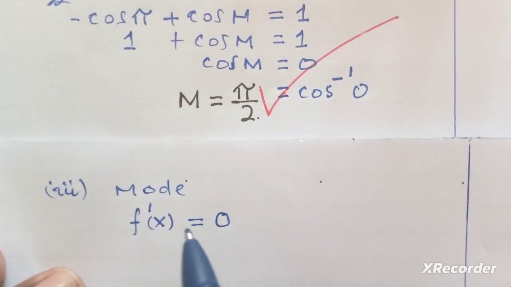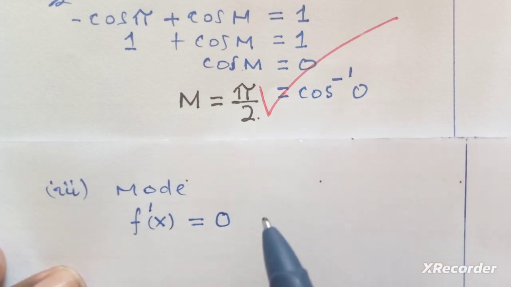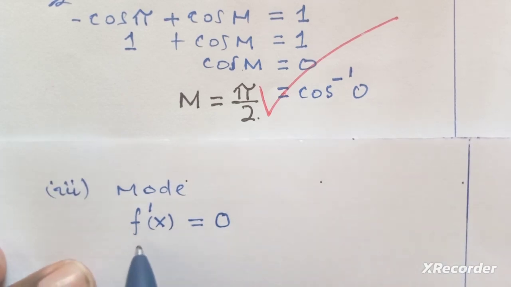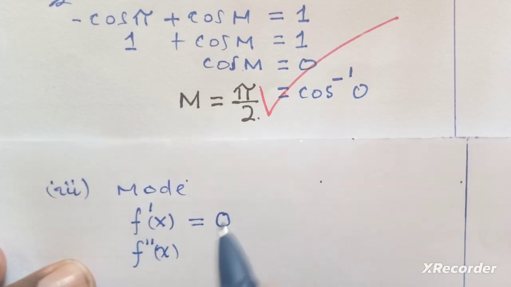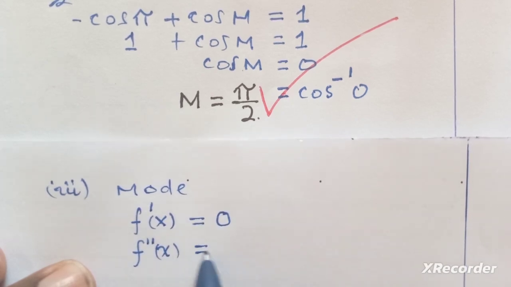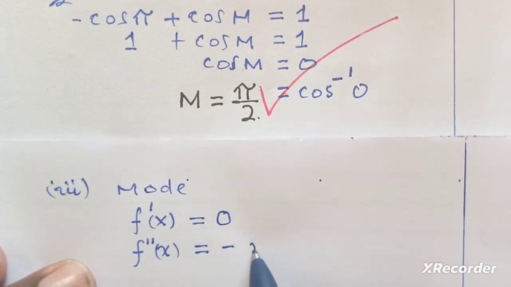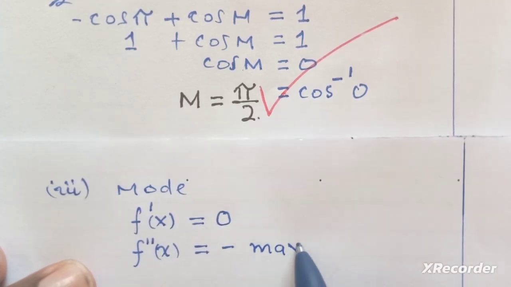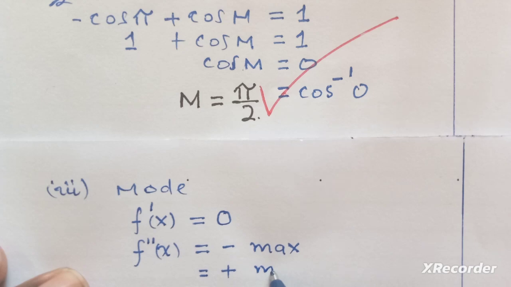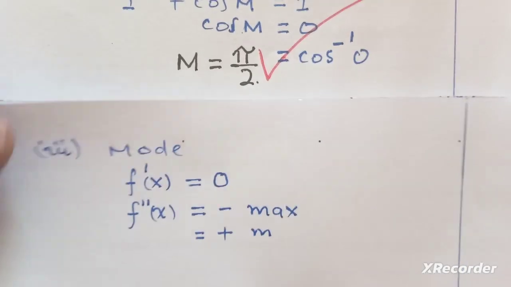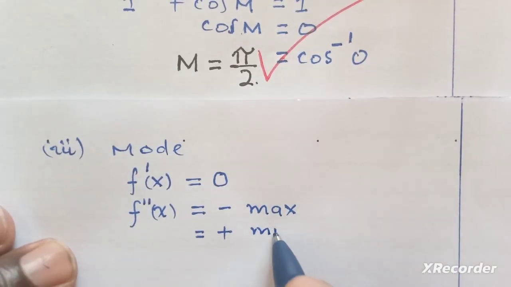And then, for you to get whether it's a maximum, you'll have to look for the second derivative. If the second derivative is negative, then this is a maxima. If the second derivative is positive, then this is a minima. And this is how it's supposed to be.